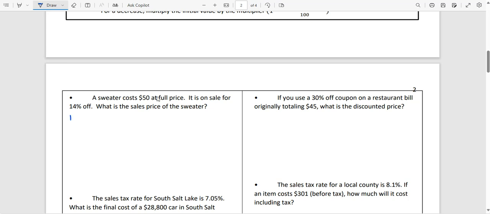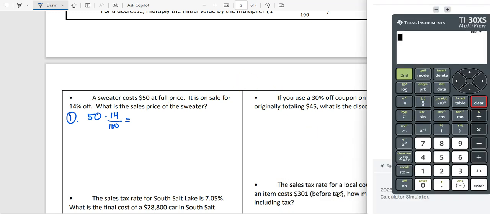All right, so first, the two-step process, we take our 50, that's the whole, times the percent, divide by 100, and that'll equal the part. So if we use the calculation for that, our calculator gives us 50 times 14 divided by 100 is 7.